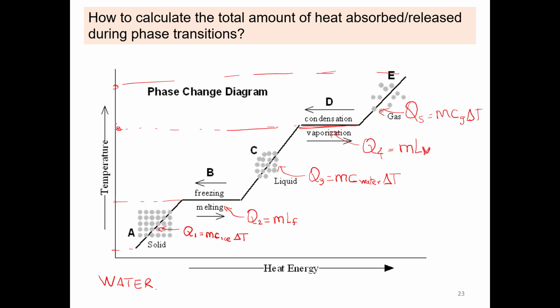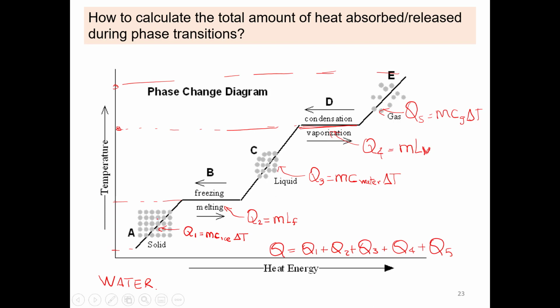Then to calculate the total amount of heat, what we need to do is just add all the parts: 1, 2, 3, 4, 5. And in some problems, you don't need to calculate all of them, depending on the problem.